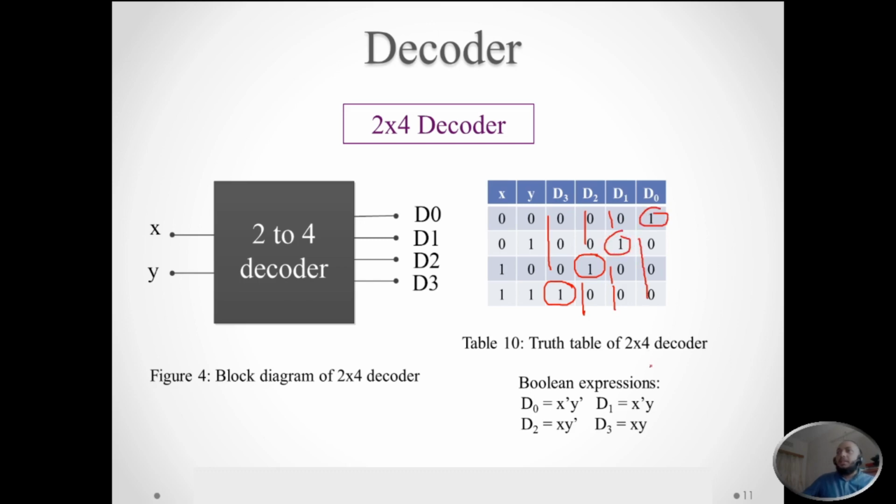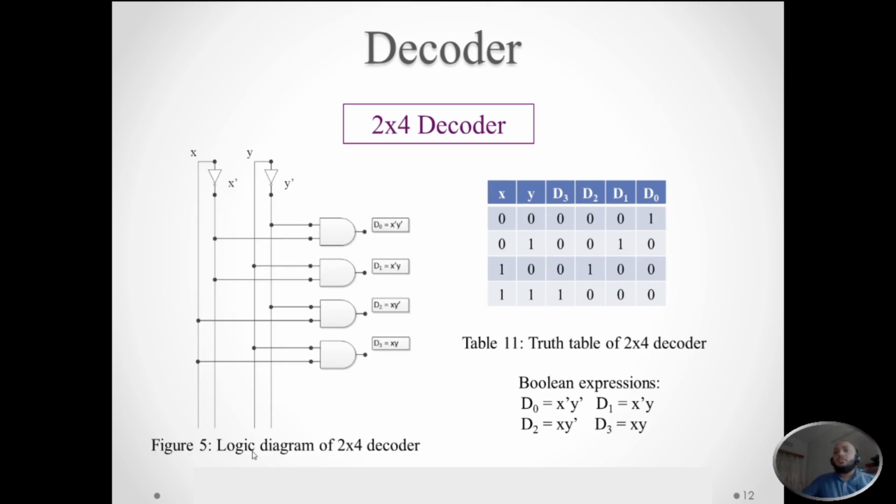That means in SOP form we just need to write one product, because if there were 2 products we would write them like this in SOP form, but because there is only one product we just write it like this. So each of the 4 outputs has only one product: x prime y prime for D0, x prime y for D1, x y prime for D2, and xy for D3.